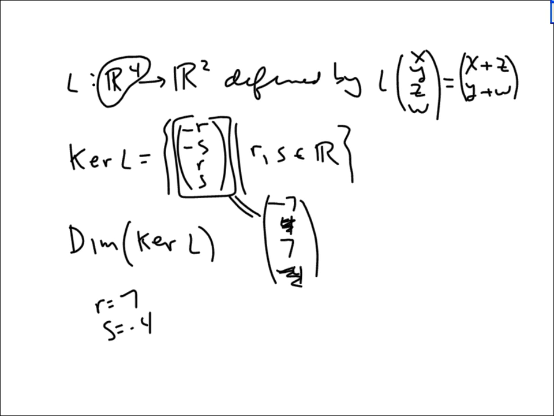Likewise, if I just tell you s but don't tell you r, you won't know what the first and third entries should be. It's two-dimensional. I have to tell you the value of r and s for you to be able to tell me what the exact vector is in the kernel.